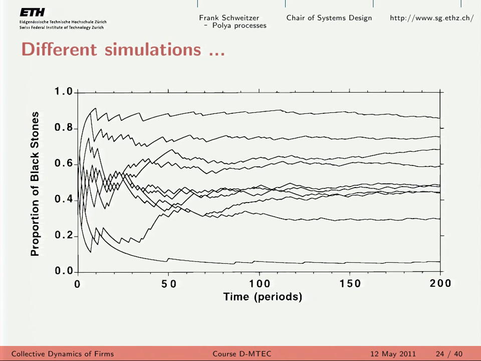Why is this the case? If time is measured in number of balls added, then let's assume we are here, right? Proportion of black stones is about, whatever, 0.05. So that means if we have 100 stones here, then only 5 of these stones are black, and the other 95 are white, right?